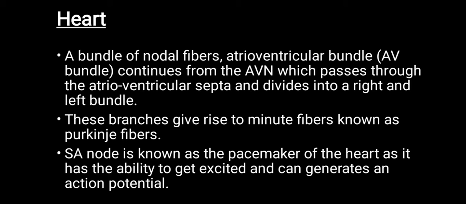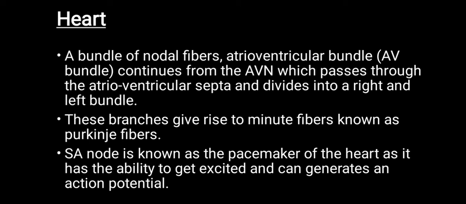So the AV bundle starts from the AV node, which is present on the upper left corner of the right atrium. Then it passes the atrioventricular septum and divides into two, the right bundle and the left bundle. These bundles again divide to form minute fibers called the Purkinje fibers.